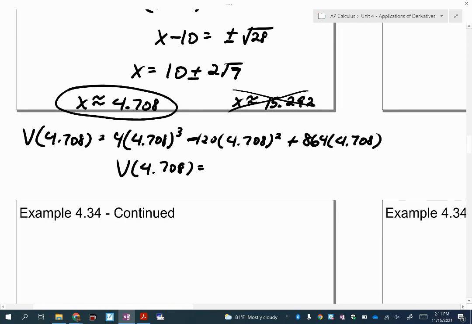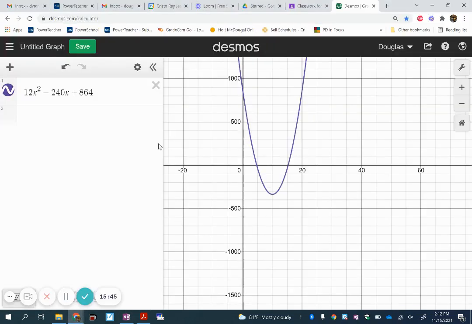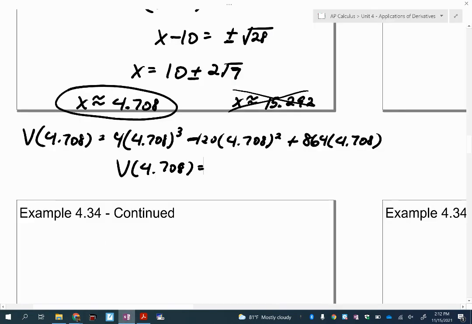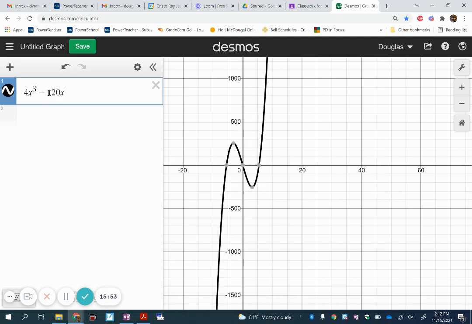I'm going to go to Desmos to find that answer and just show you how a lot of this stuff you can confirm with your graph on Desmos, which is super nice. So I'm going to type in, still use this one, 4x cubed minus 120x squared. There we go.